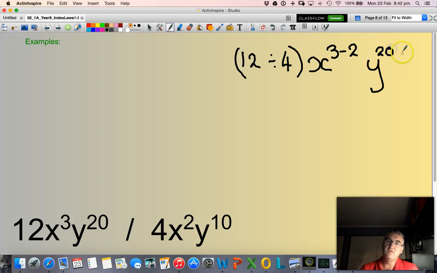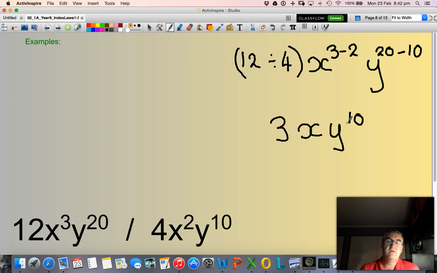We can fit all this in, and I'm going to subtract a 10. So my answer will become 12 divided by 4 is 3, x to the power of 1, or I'll just write x, y to the power of 10. Now that is the last example that I'm going to deal with.